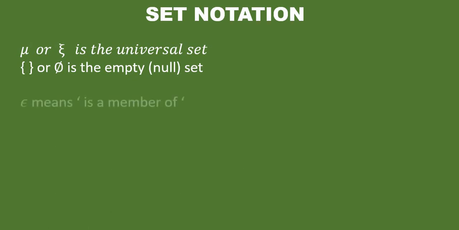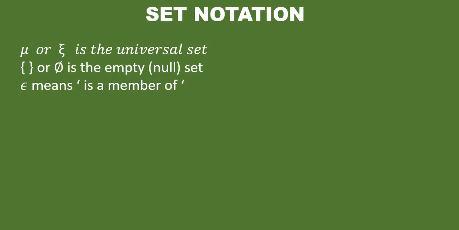Okay, next we have elements. That sign is saying that this element is a member of the set. For instance, now I have a set A. Say my set A is, let's continue with the vowels.